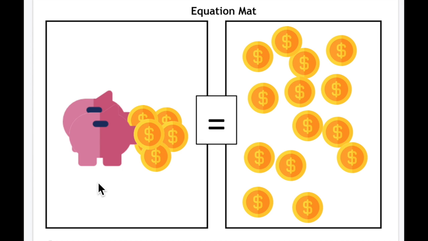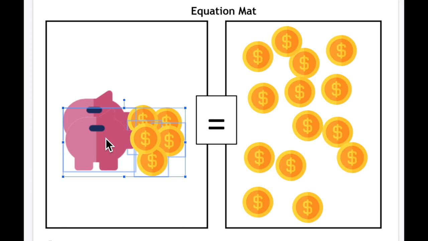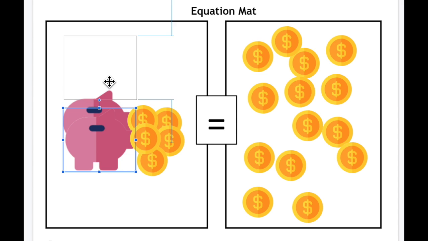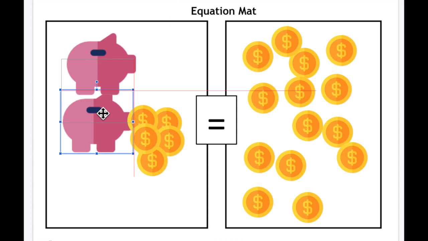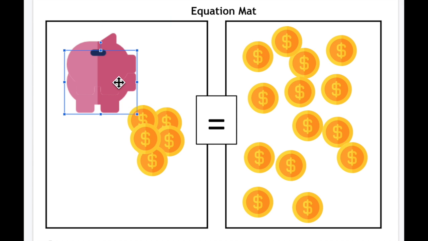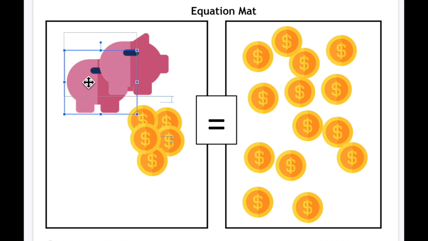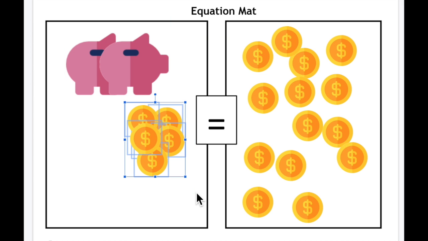Okay, this time, instead of dividing it by 2 and then ungrouping, I'm going to ungroup them first. So I'm going to take all of this and ungroup everything. Okay, so now I can separate my piggies. So I have my piggies over here, and I have my coins over here.